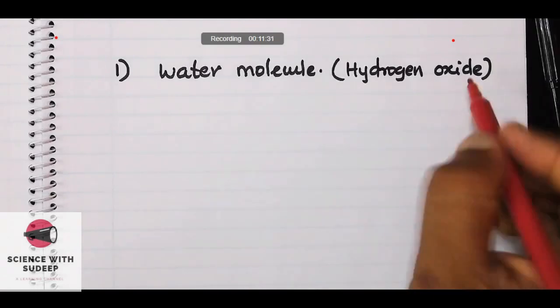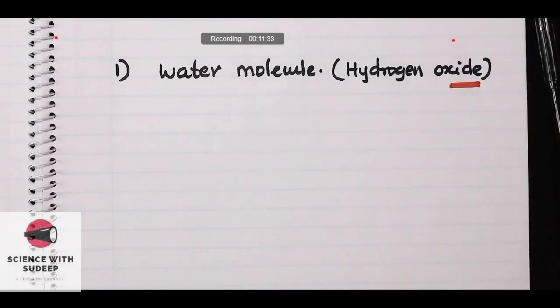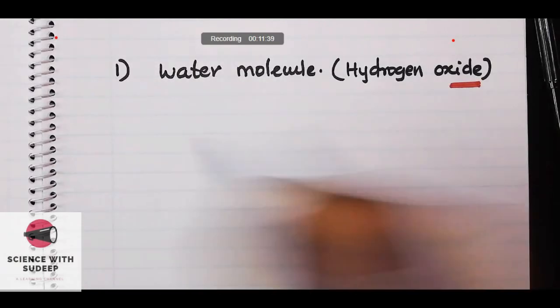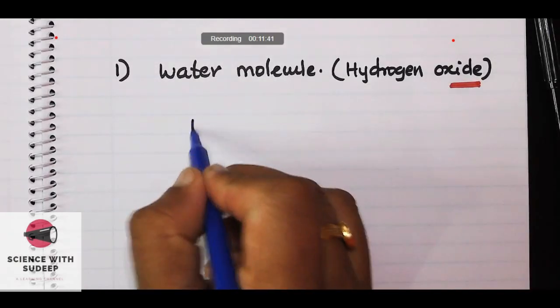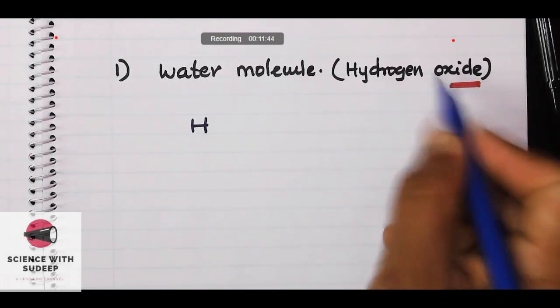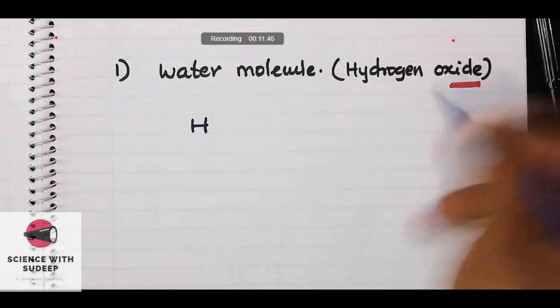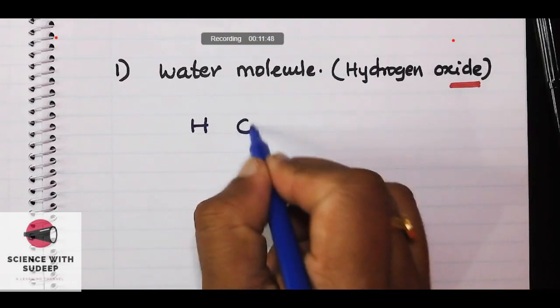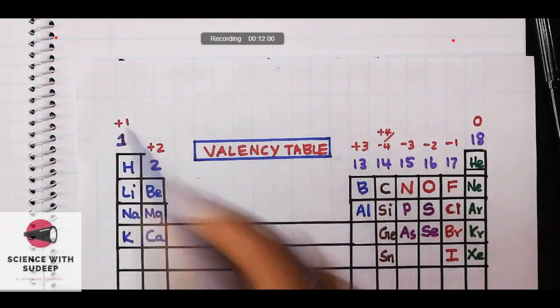That is important. Then I should understand that it has only two elements present. The first one is hydrogen. H stands for hydrogen. Then oxygen. Oxygen became oxide.